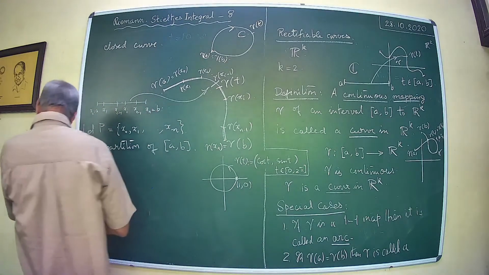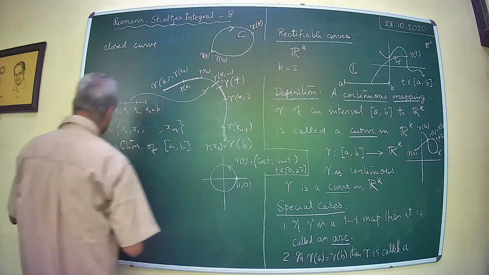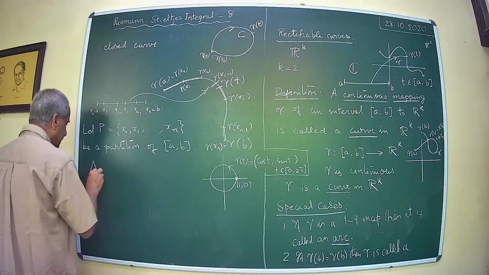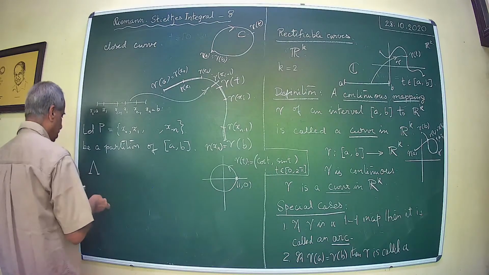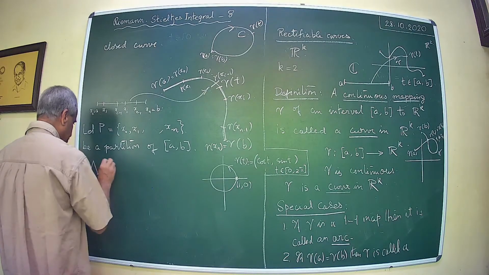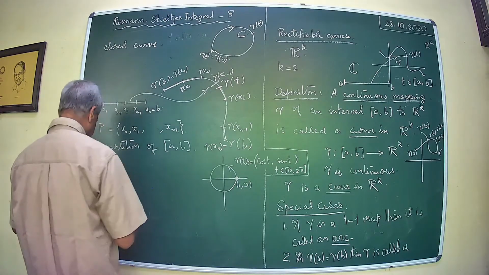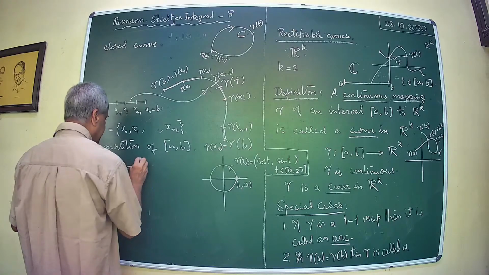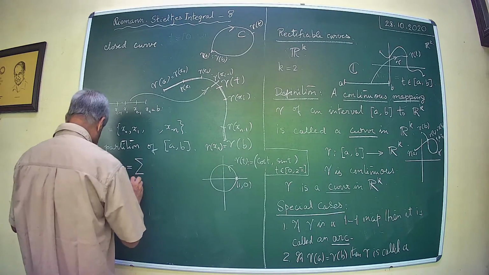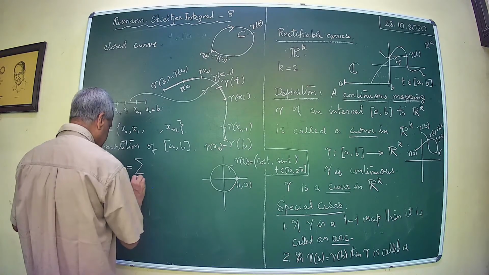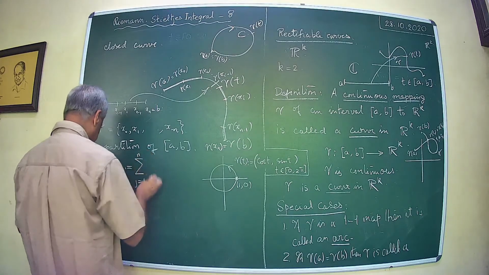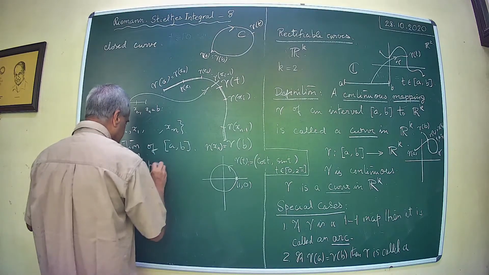Now for that path, we define the following. Define lambda of P, gamma, where P is the partition given. We define this by the sum over j equal to 1 to n of the distance between gamma xj and gamma x(j-1).